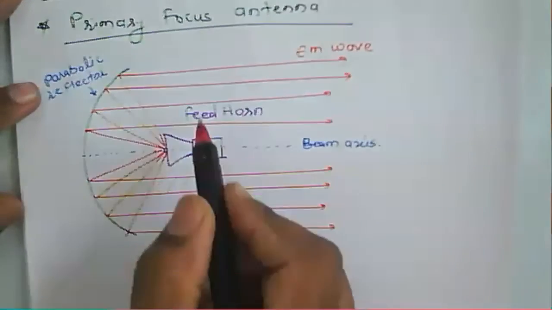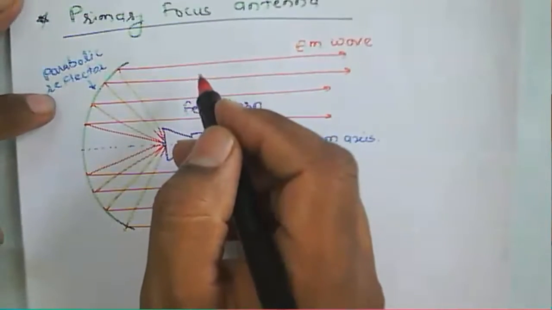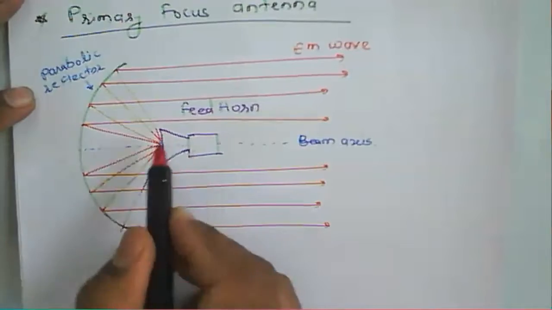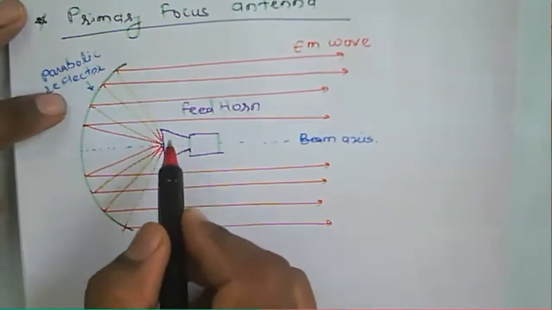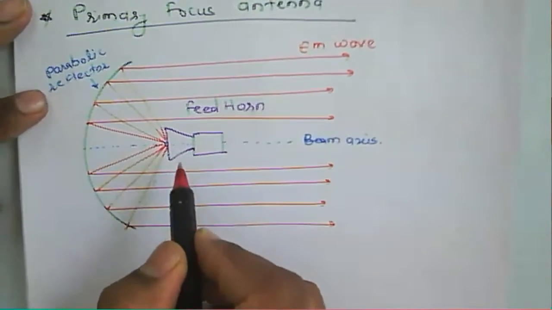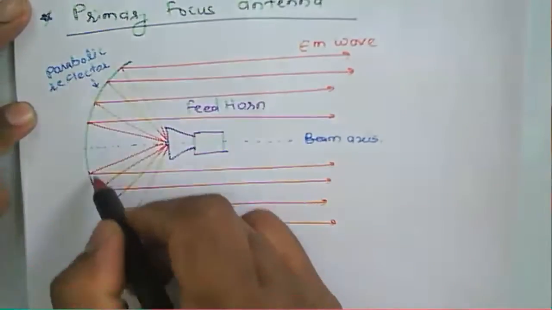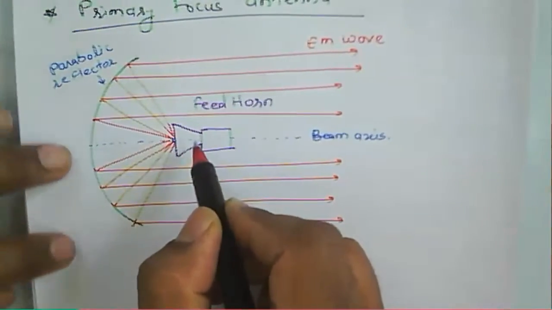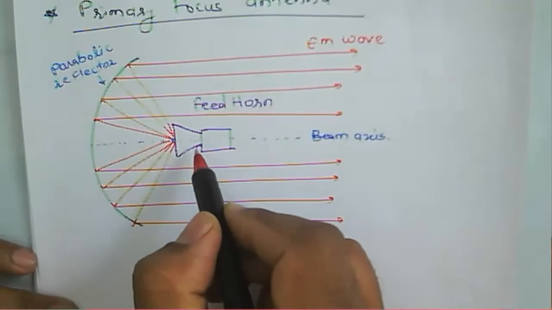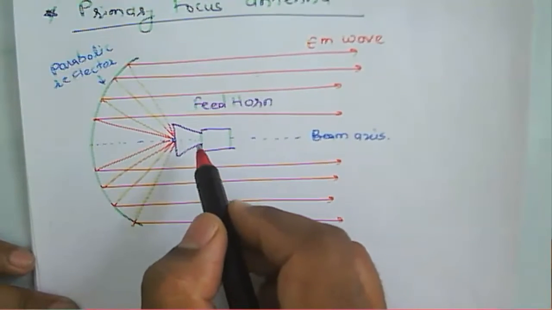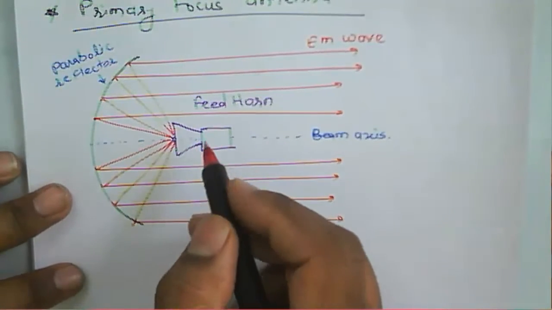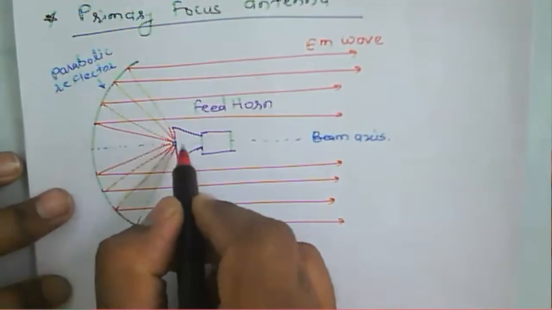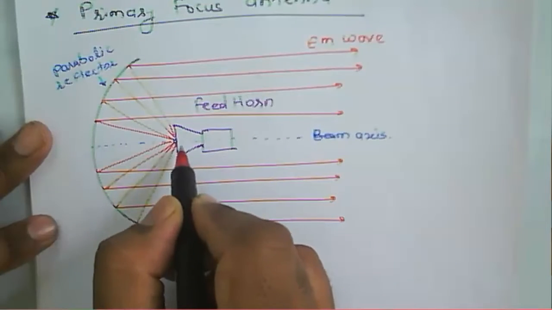And this particular primary focus aperture antenna has a feed that is placed at the focal point of the parabola here. So this one is a parabola. The basic component is nothing but a parabola. And then this one is a feed. It is placed at the focal point here. So we can say that an antenna is placed at the focal point.